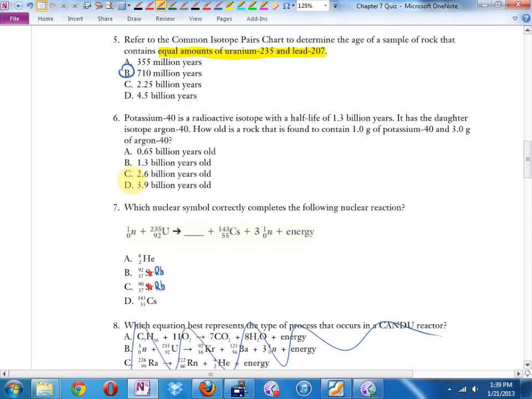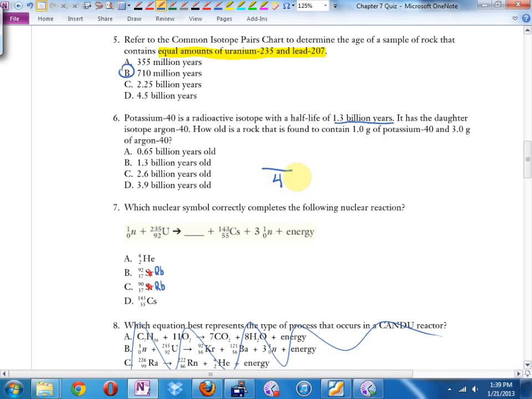Number 6, potassium-40 is a radioactive isotope with a half-life of 1.3 billion years. I'm probably going to use that. It has the daughter argon-40, so potassium turns into argon. How old is a rock that is found to contain 1 gram of potassium and 3 grams of argon? How much rock is there grand total? How many grams grand total? 4 grams.